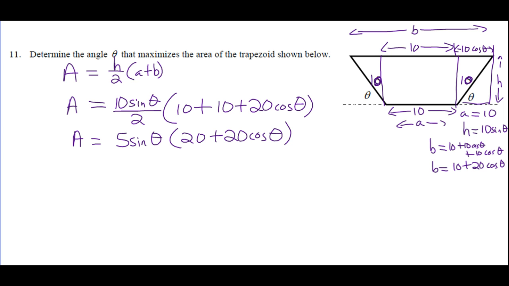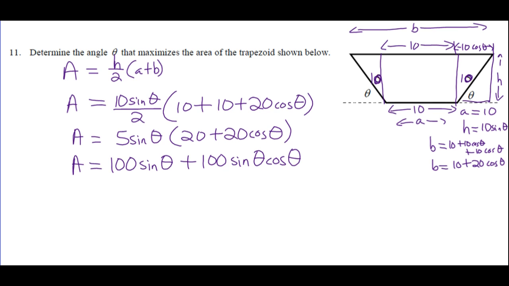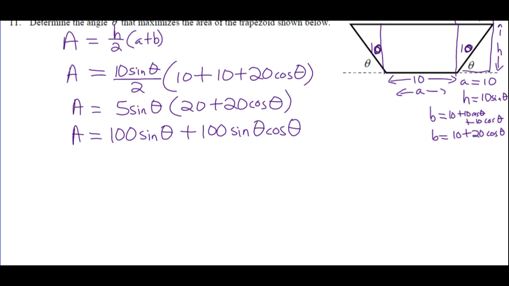All right, so what are we going to do? We'll consult notes. If we're going to take the derivative of this, why not just multiply this out? So we got something plus something, and then we just do the derivative of this plus the derivative of that, which is easier than making it a product. Okay, so we got 100 sine theta plus 100 sine theta cos theta. Now at this point you say, wait a sec, I've seen that sine theta cos theta thing before, right?